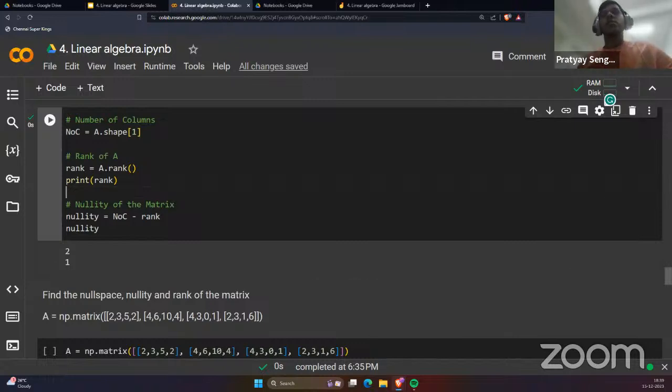Anyone, any idea? Some of you got the rank, at least. If you get the rank, nullity is just easy.